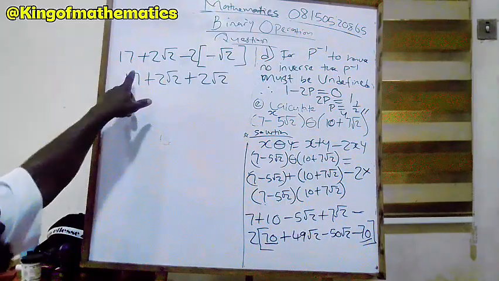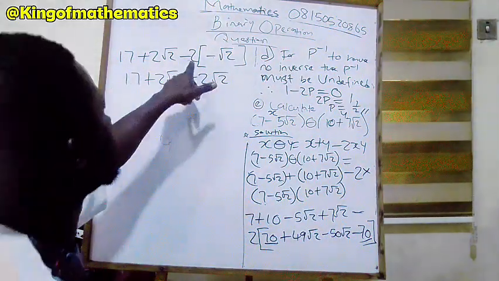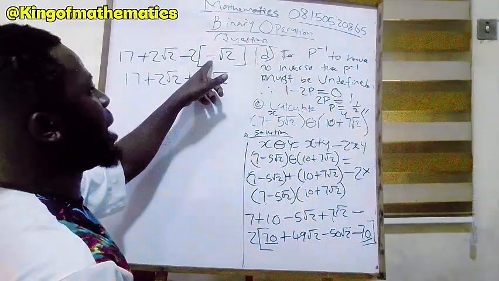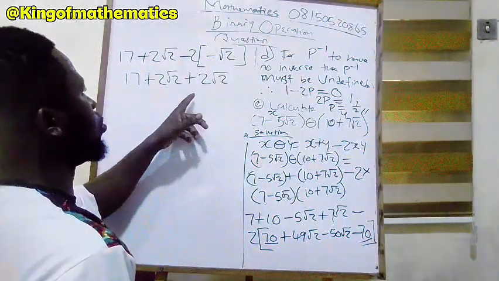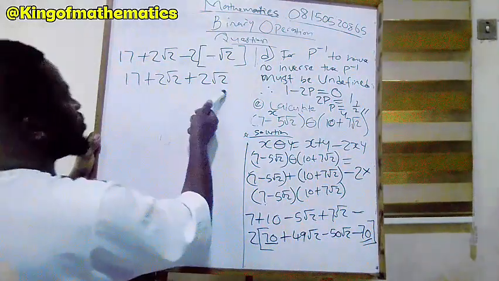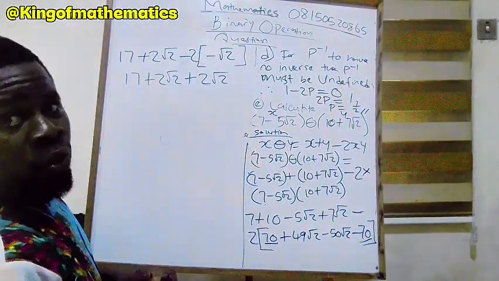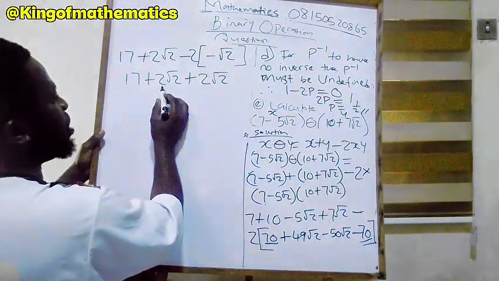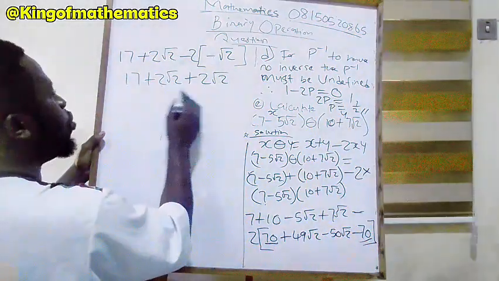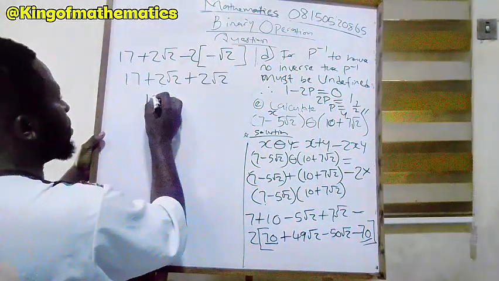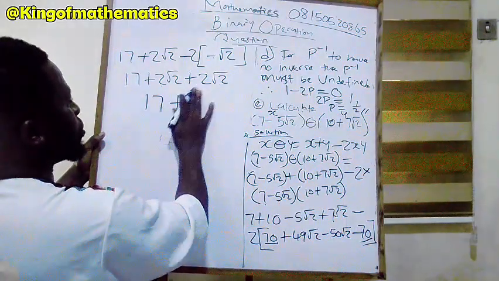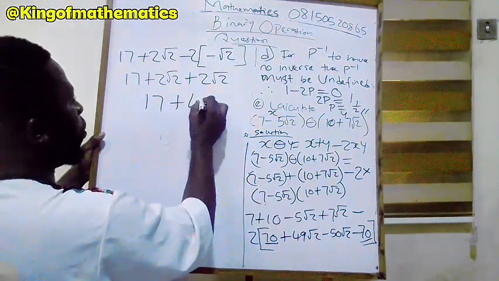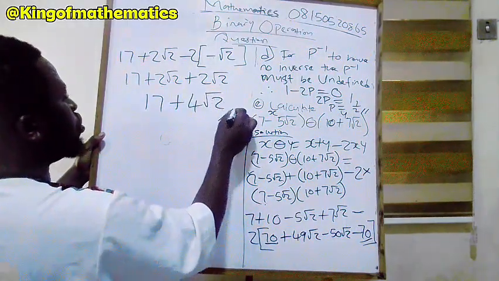Why? Because when they get here, they say minus 2 times minus root 2, they will go and put minus 2 root 2. In the long run, they will cancel it and get 17. No, you won't get 17 for it. So this will give you 2 root 2 plus 2 root 2, which will give us 4 root 2. That's 17 plus 4 root 2, which will be our answer.